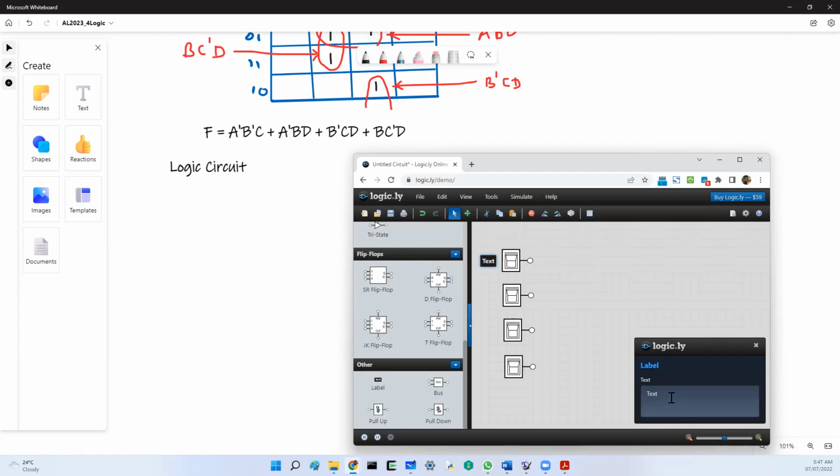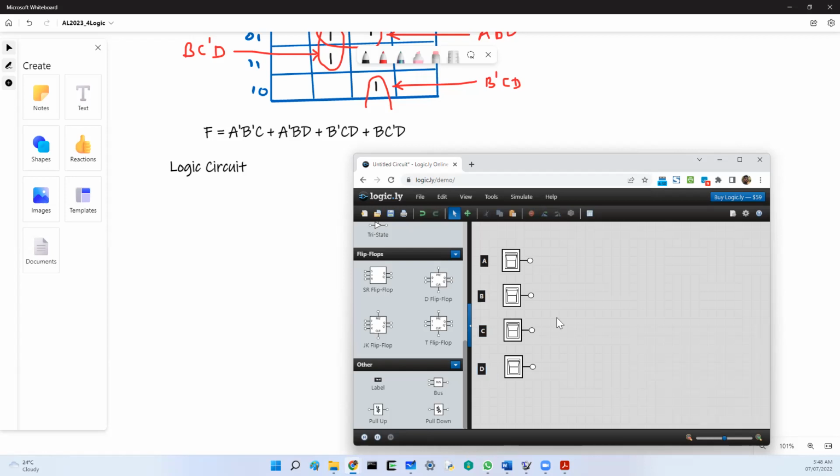Yeah, this is to say that we have A, then we have B, we have C, we have D. So these are the 4 switches.